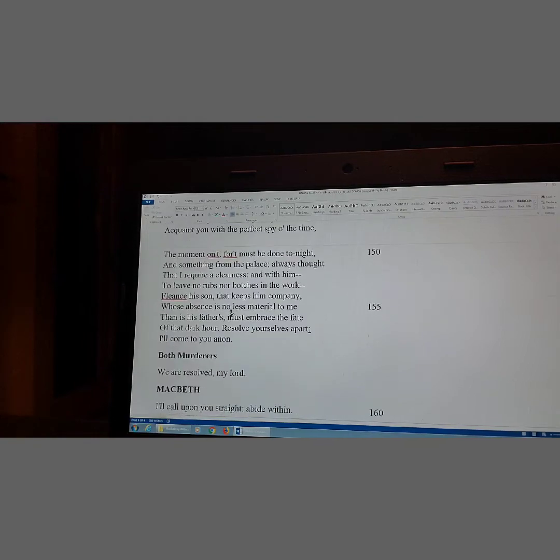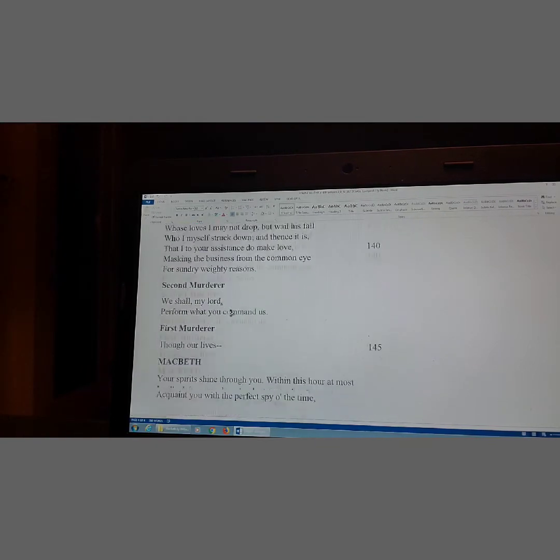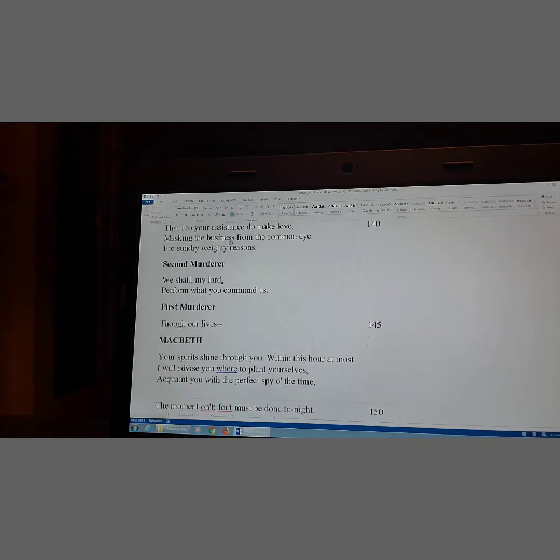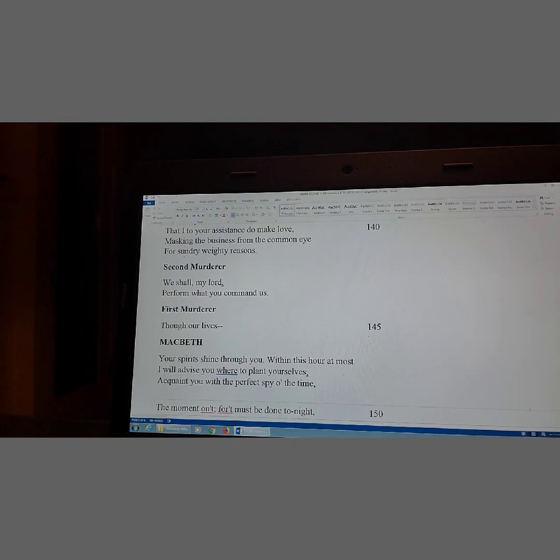So then he says, we shall perform. So he's not paying. Are they doing this because he's paying them? That was my point. No, it's not because he's paying them.